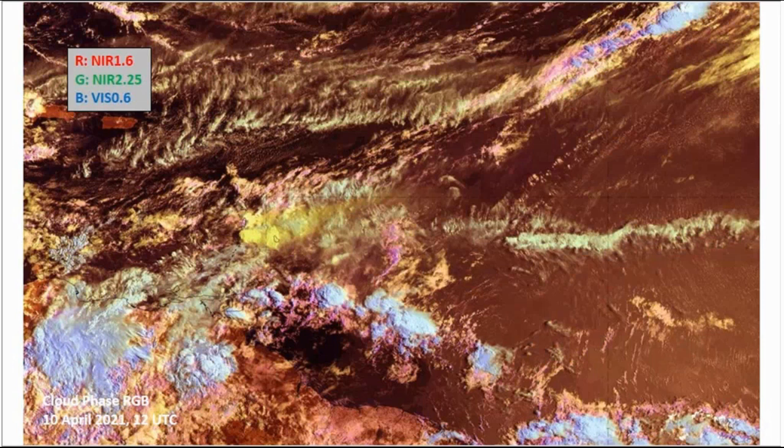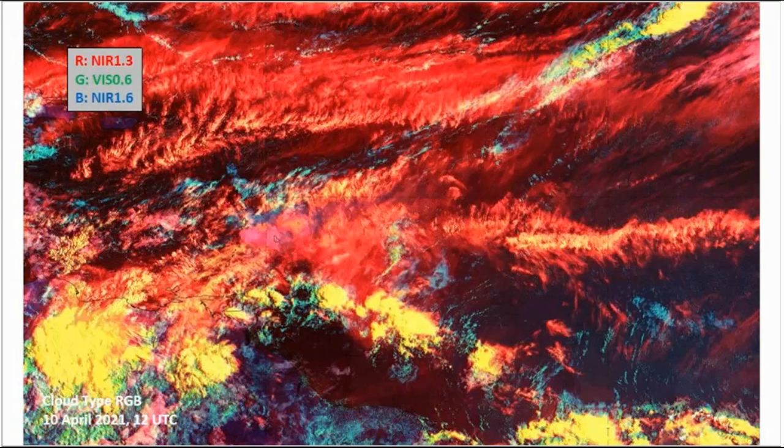Just a view again from the cloud phase RGB, the new RGB that will be available in the MTG. The smoke from the volcanic eruption is very nicely seen in some kind of yellow-green color. So basically these two, 1.6 and 2.25, are working together.